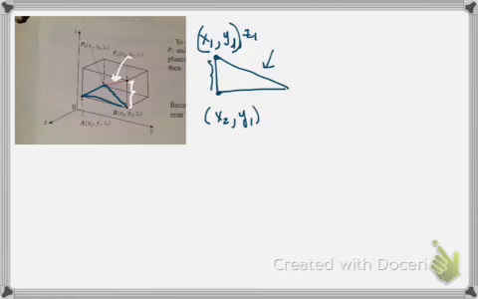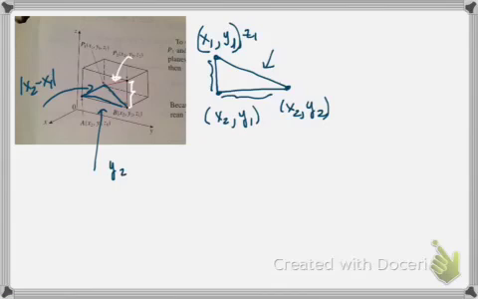So this distance right here is really just the difference between x2 and x1. Alright? So that distance is the difference between x2 and x1. Now, this point right here is x2, y2, and as you can see, its distance is the difference in the y's. So that distance is y2 minus y1.